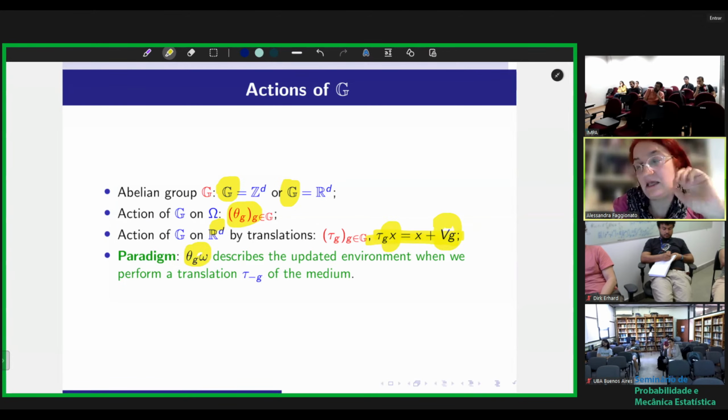The environment at the end is given by the microscopic sources of environment, coins or dice, roulette and so on. The idea is that you translate all these sources of environment when you translate the medium. So the sources of environment are attached to the points.